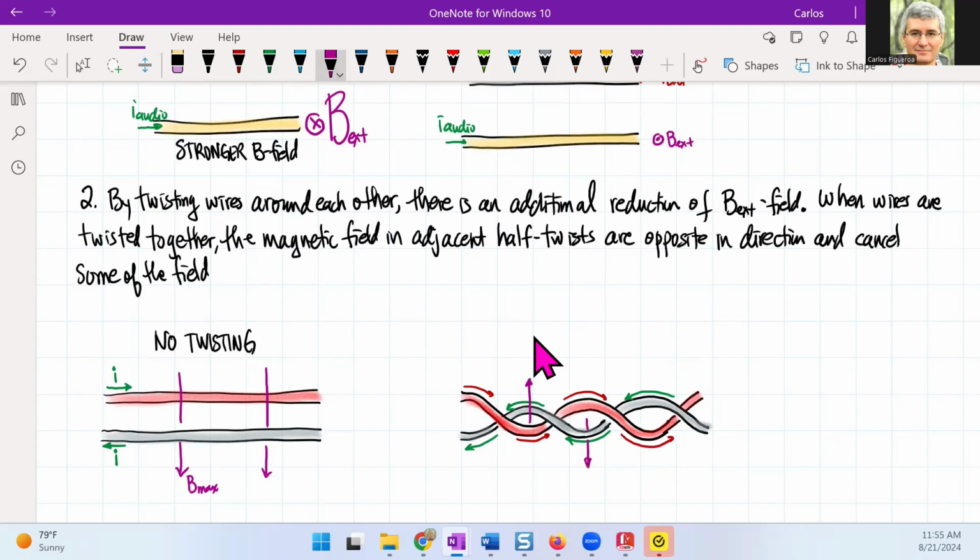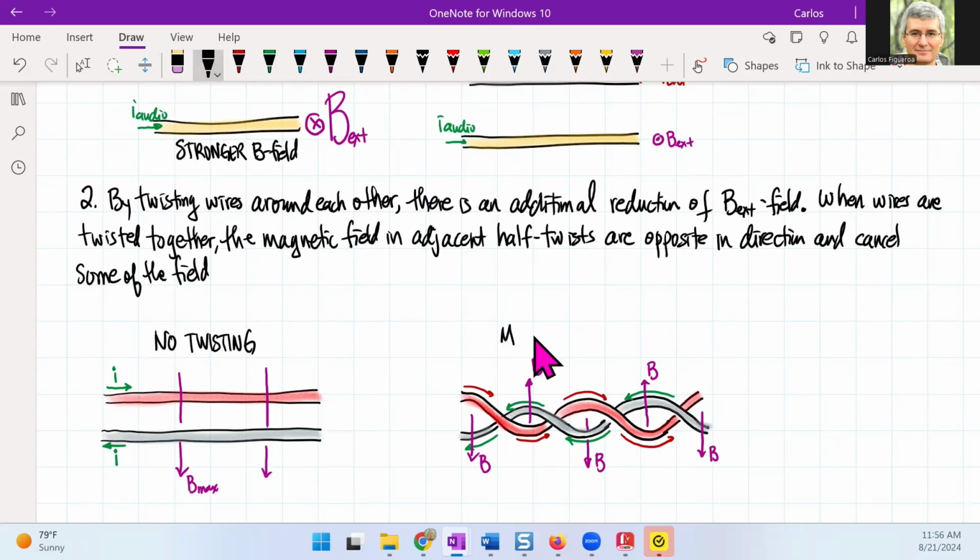So you're starting to see alternating magnetic fields. So in this situation, it would be down, and this one would be down. So if I have alternating magnetic fields and I get more twists, the field essentially cancels out over a distance.